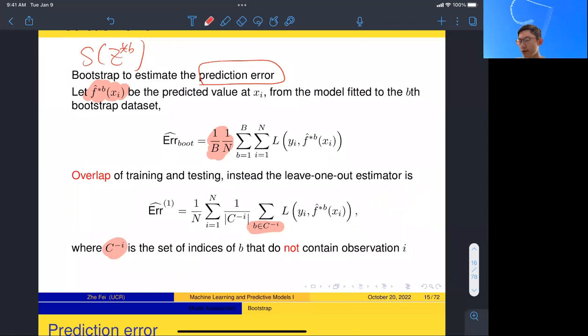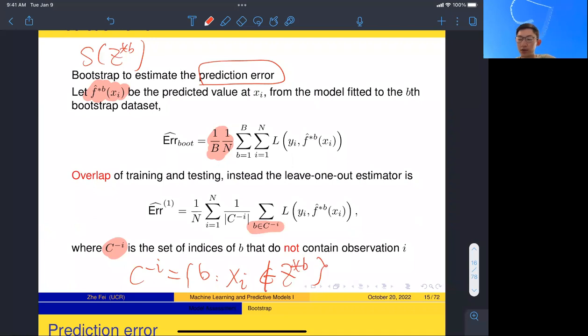C minus i is the set of indices of B that do not contain X_i, right? So if we write this out, it is basically all the B where X_i is not sampled in the bootstrap sample.